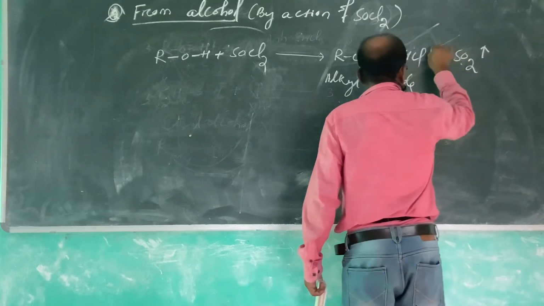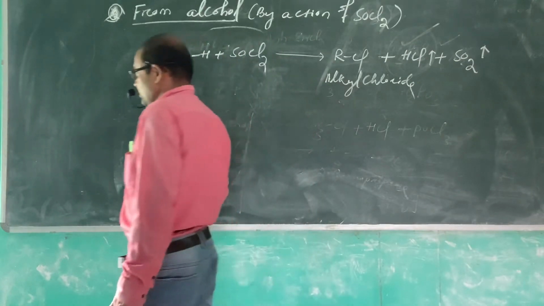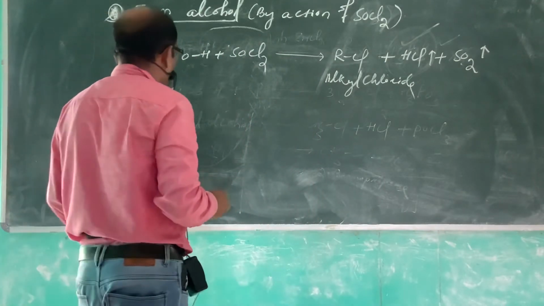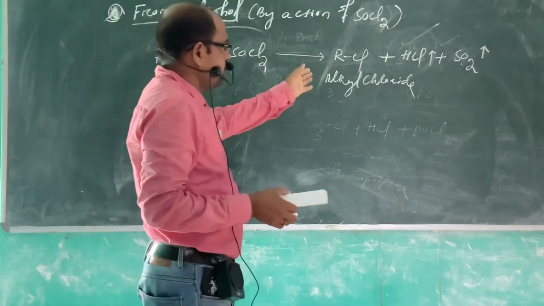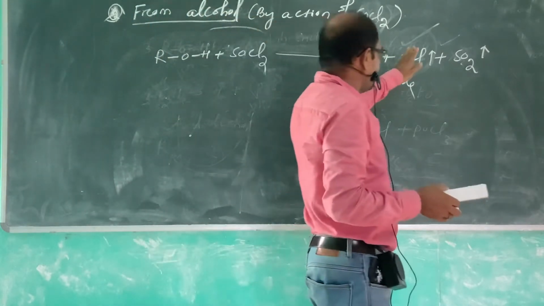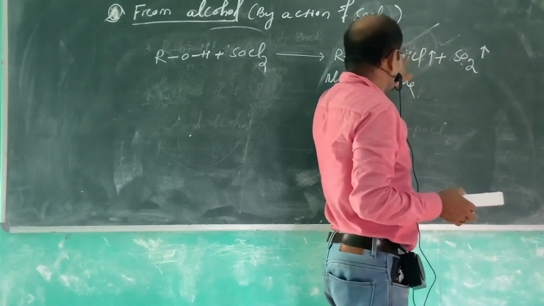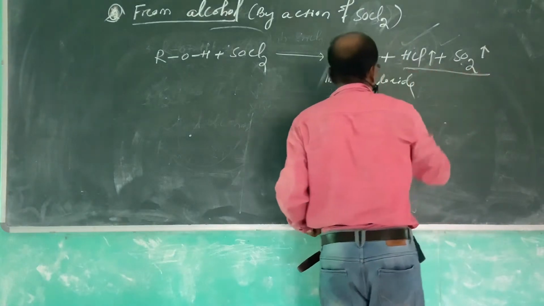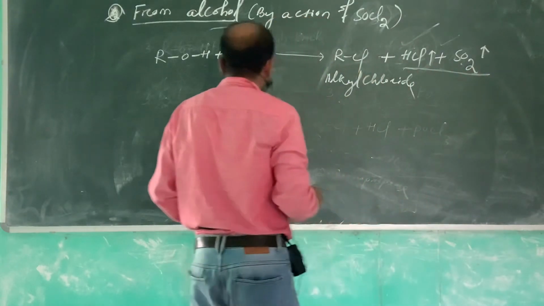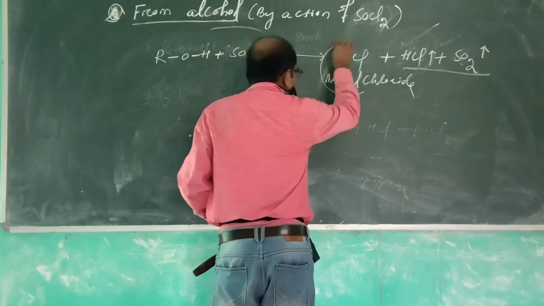Here also HCl is liberated. That means when alcohol reacts with thionyl chloride, it gives alkyl chloride with the liberation of hydrochloric acid and sulfur dioxide gas. As all the byproducts are removed in the form of gases, during this process we can get pure alkyl halide.